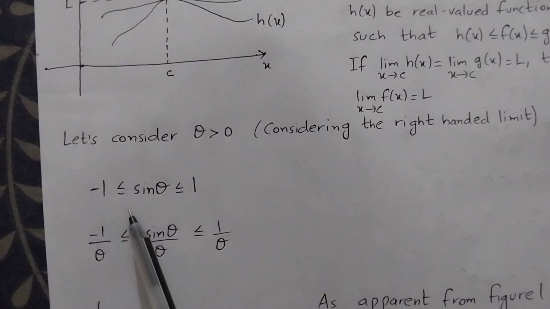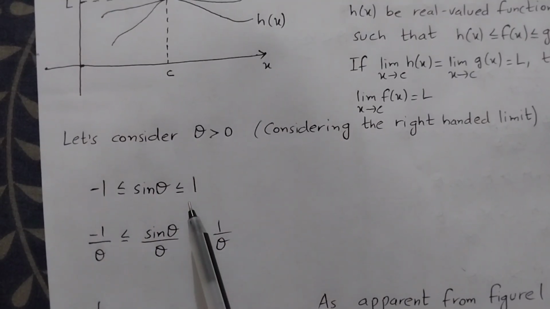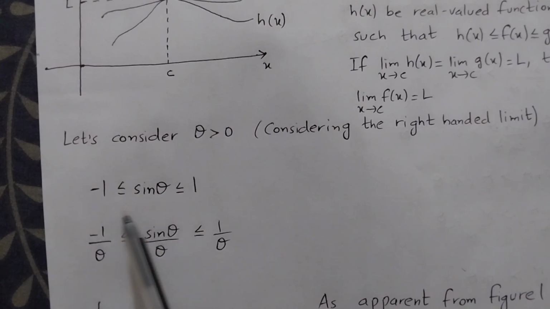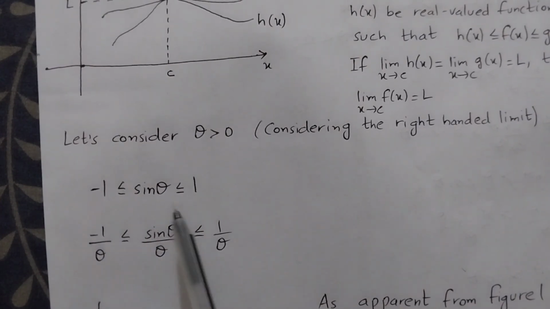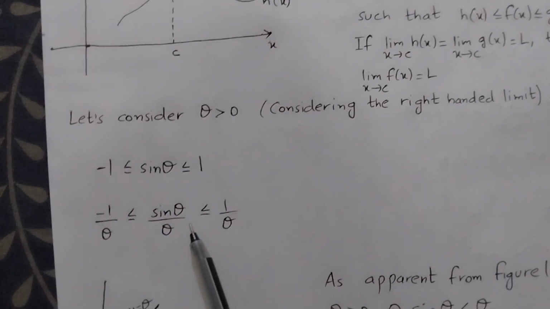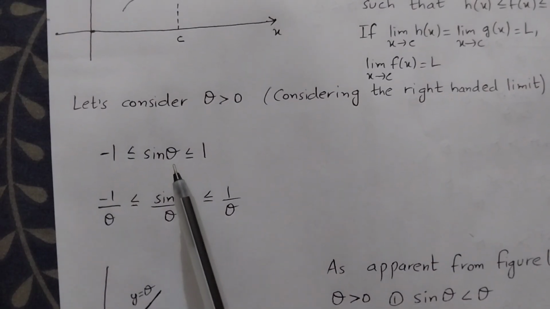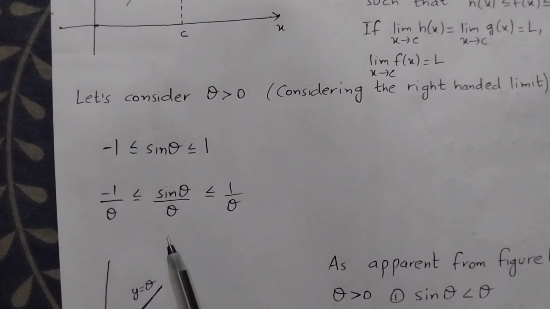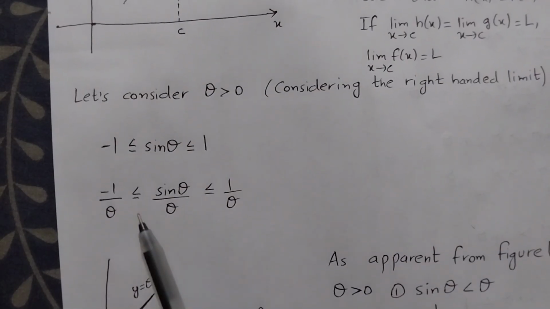So we know that sine theta has values from -1 till 1. So this helps us in getting the inequalities which we need to apply sandwich theorem, and also we have three things now. But we don't need sine theta, we need sine theta over theta.